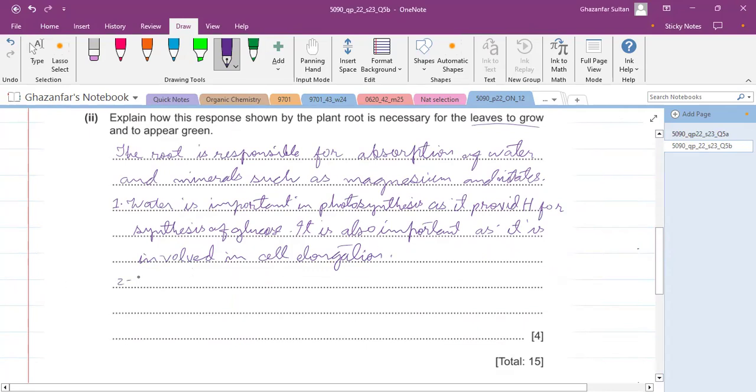While magnesium is essential for chlorophyll that is needed for photosynthesis.